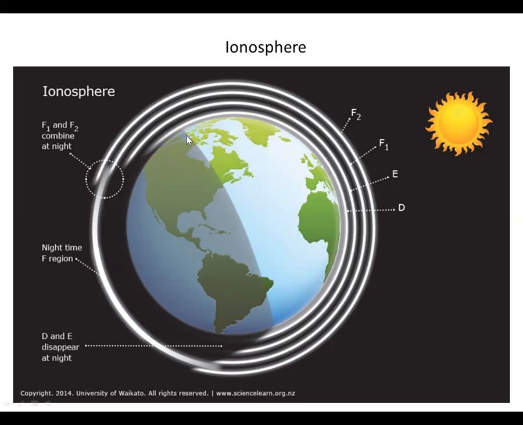So it's not too hard to see where propagation on the illuminated side of the Earth is probably going to be different than on the dark side of the Earth. And the transition referred to as the gray line, going from day to night, will have some interesting characteristics as well.